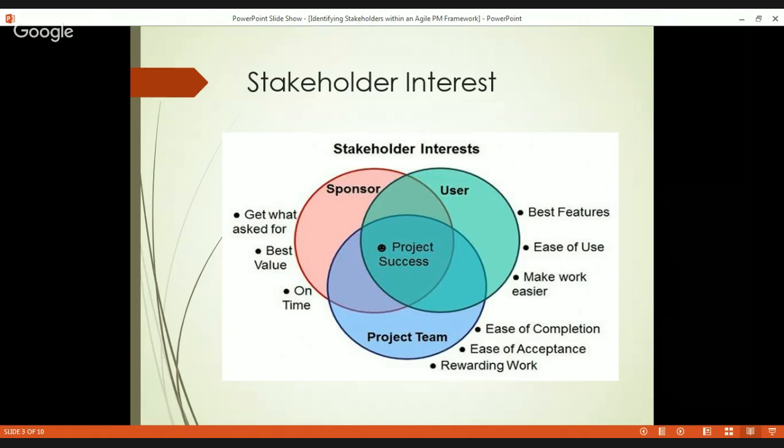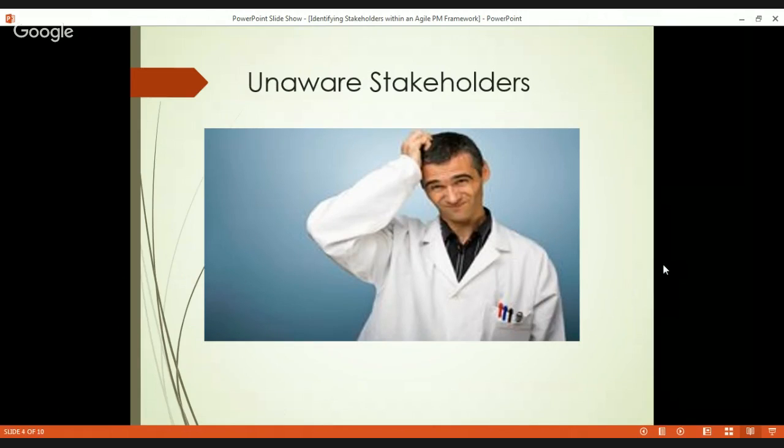We are going to look at five categories of potential stakeholders and how they are addressed in the project. We begin with the unaware stakeholders. Many stakeholders in the project engage late because they're simply not aware of its existence until late in the project, therefore not understanding the project inputs or outputs.